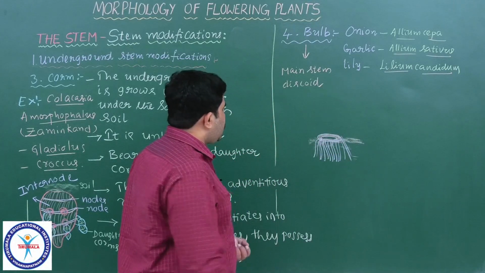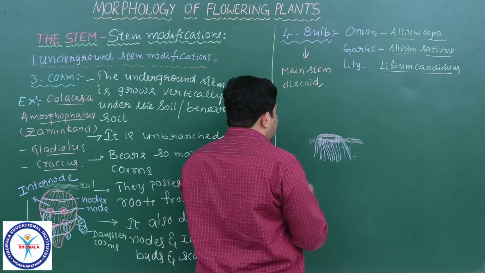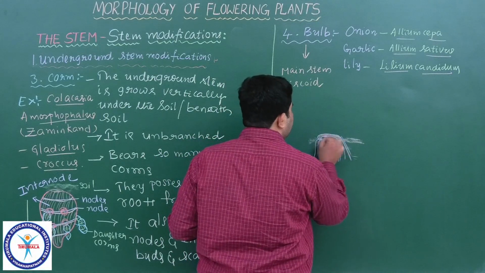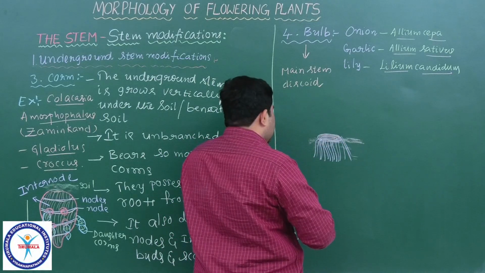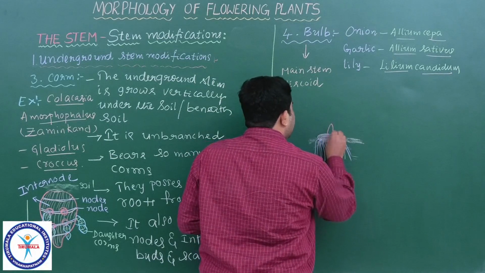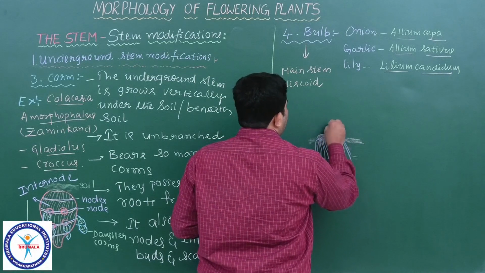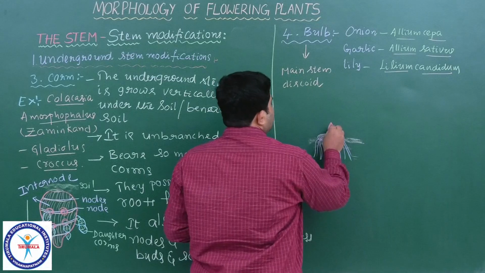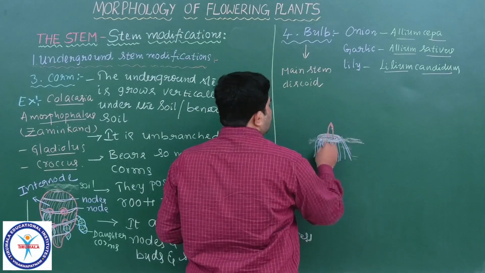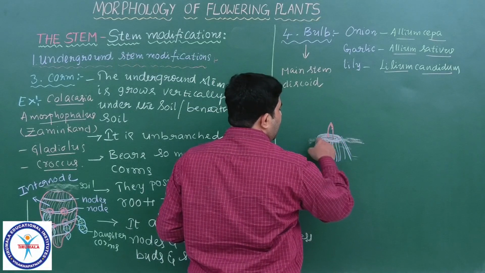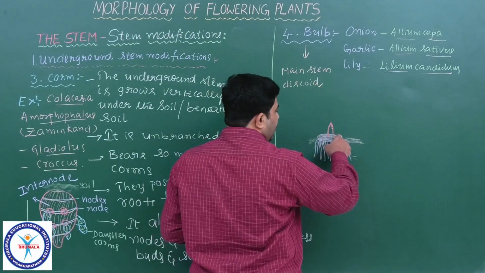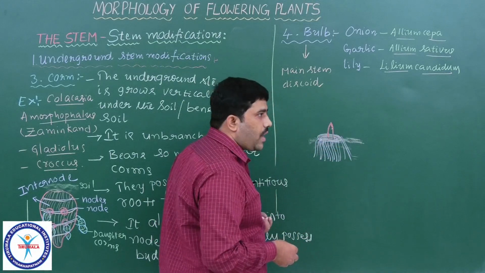On the upper side, in the center of this discoid stem we have a small bud-like structure, which indicates it is an apical bud. Around this apical bud a large number of nodes are present in discoid form.